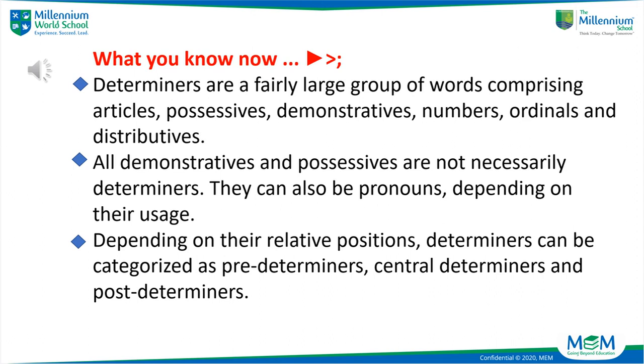They can also be pronouns depending on their usage. Then, depending on their relative positions, determiners can be categorized into three groups: predeterminers, central determiners, and post-determiners.